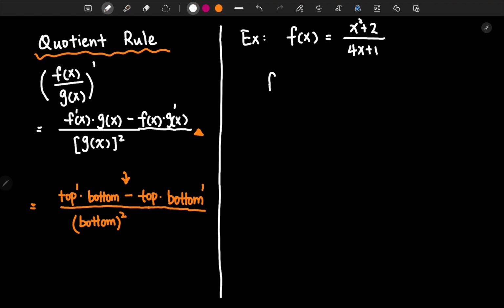Let's say we want to find the derivative of this function. On the denominator, we have the square of the bottom function, so 4x plus 1 squared. On the top, we have the derivative of the top function first, which is 2x, times the bottom function, which is 4x plus 1.